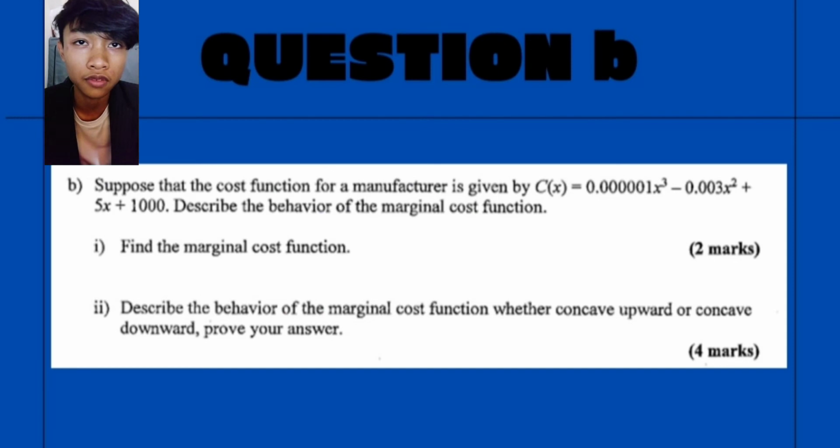Describe the behavior of the marginal cost function. Number 1, find the marginal cost function. And number 2, describe the behavior of the marginal cost function, whether concave upward or concave downward, and we need to prove our answer.